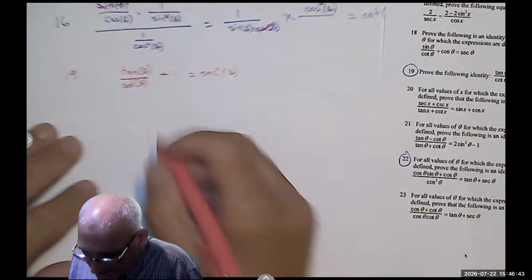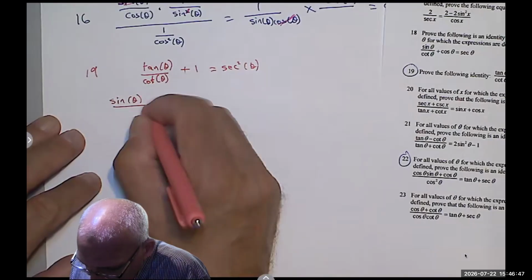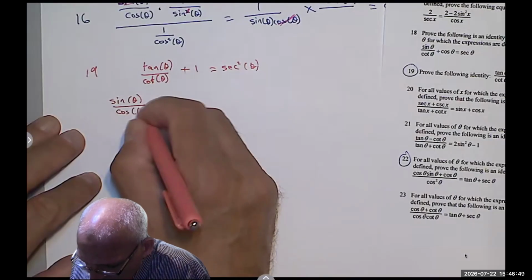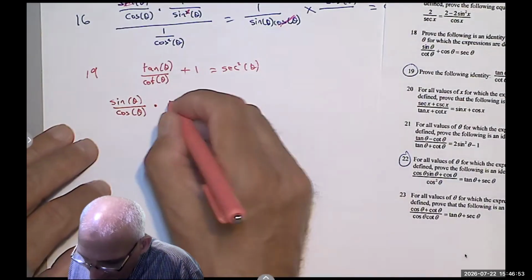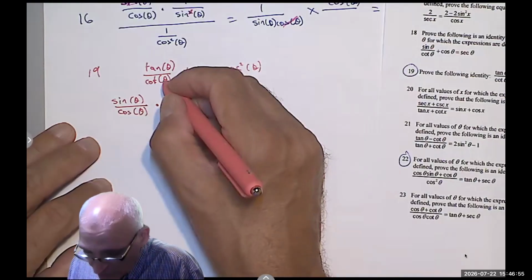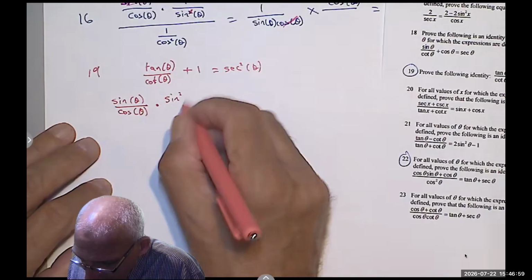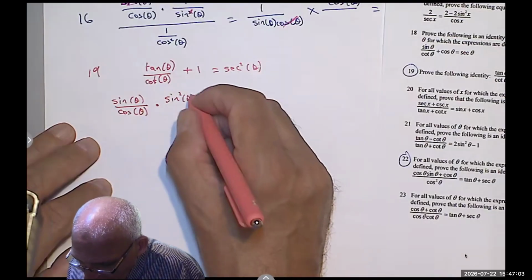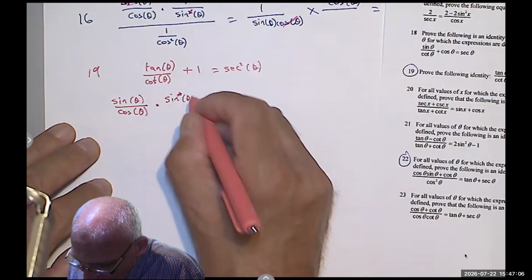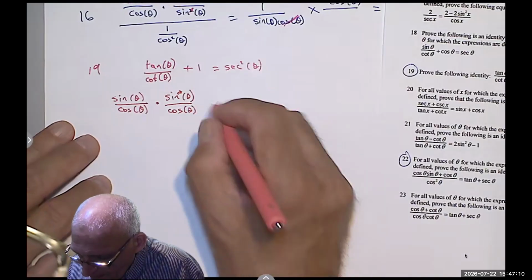But if you don't see it, you can say sine theta over cosine theta divided by cotan, so I'm going to skip a step and multiply it by the reciprocal of cotan, which is tan. So sine square theta over cosine square theta plus 1.